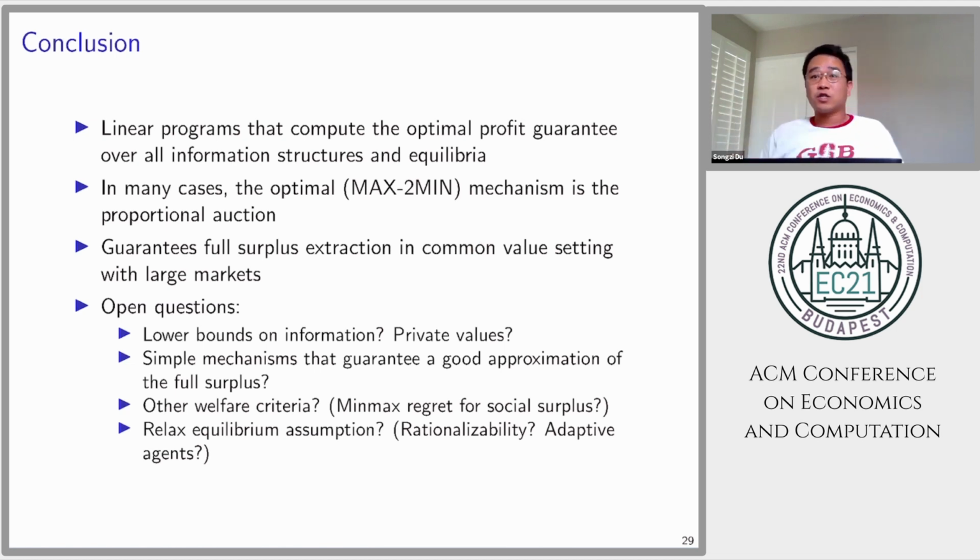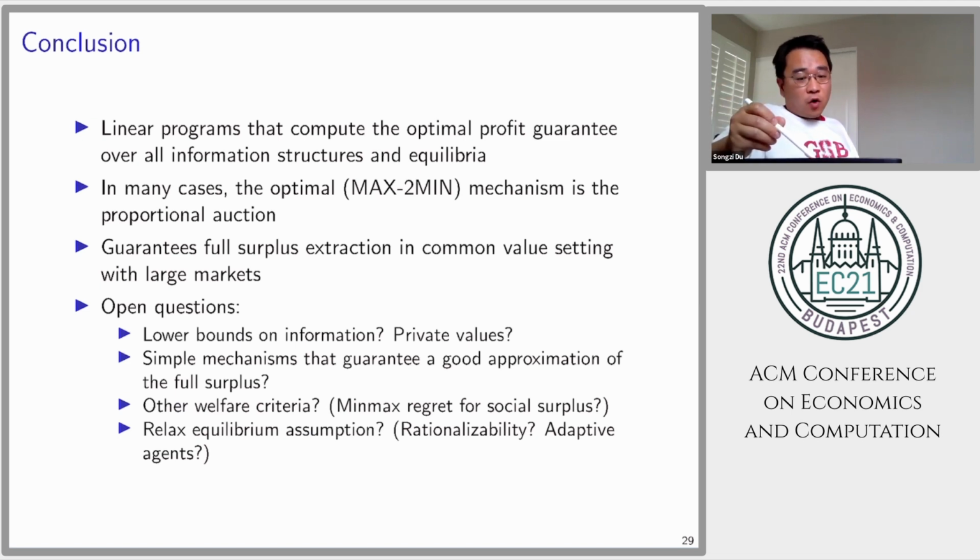There are, of course, lots of open questions. For example, here we have allowed every possible information structure. What if there is some lower bound on the information structure? For example, we know for sure that bidders know exactly their private value. That's one possibility for the lower bound. Then it's interesting to characterize the max to min mechanism, for example, in the common prior setting.